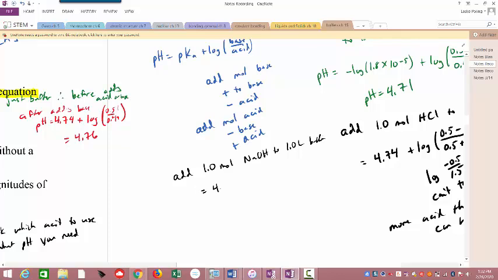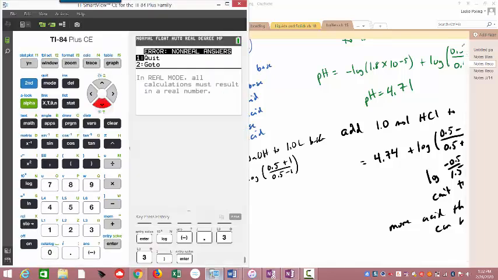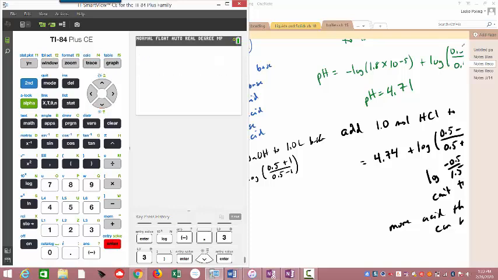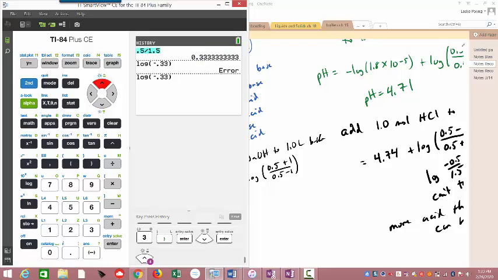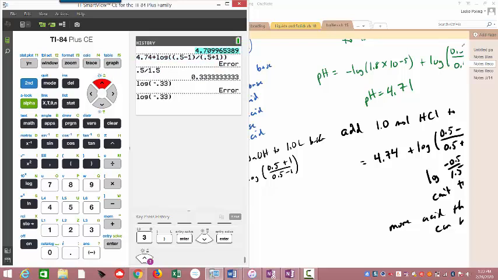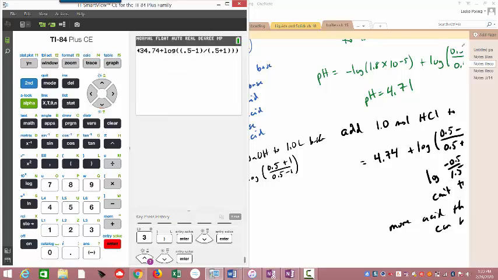So this time we have our 4.74 plus log of 0.5 plus 1 over 0.5 minus 1. So we're not going to get a non-real answer this time because we're not going to have a negative number. Now, let me just find where I plugged this in before. There we go. Just going to bring this down because then all I have to do is change where my plus and minus are. Love these calculators.